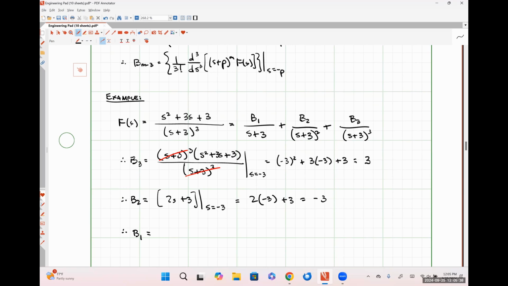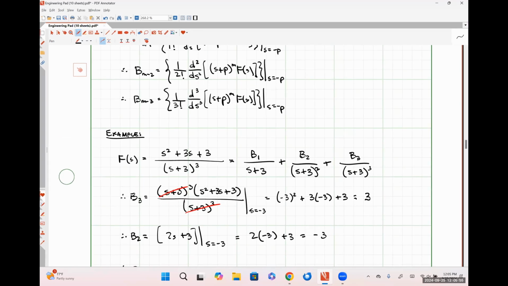B1. Take the second derivative of the numerator. What's that? 2. I need to multiply that by 1/2 factorial. So what's 1/2 factorial? 1/2. So what's 1/2 times 2? 1.